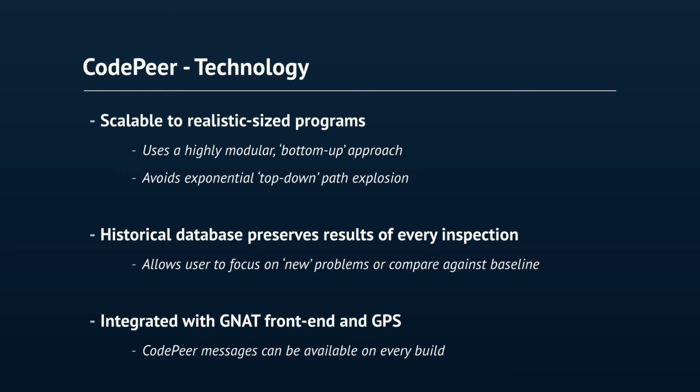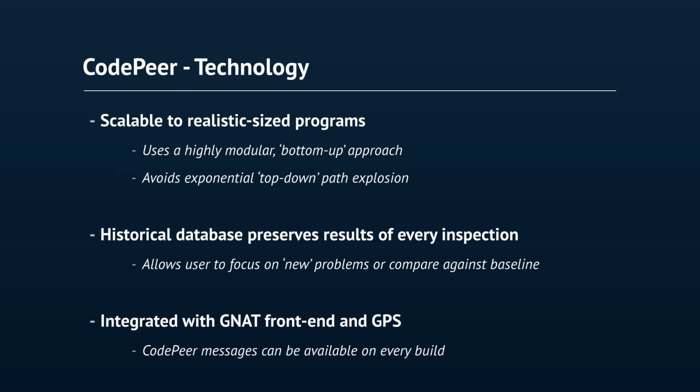We talked a little bit about that, but one of the important features of CodePeer is, instead of starting at the top of a program and working its way down and requiring you to have a real test harness that will exercise your program and provide all the interesting values, CodePeer works bottom up. And it looks at all the possible values that a procedure might receive and whether those might cause trouble. And it creates preconditions on the way up, and those are then checked at every possible call.